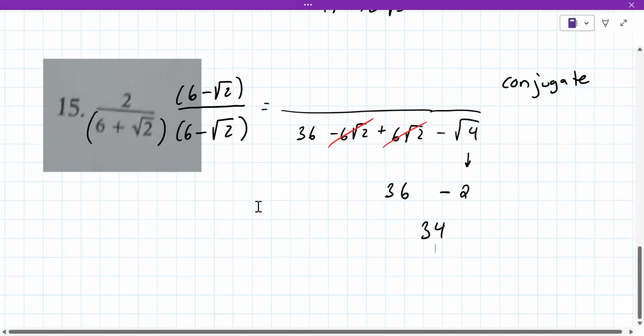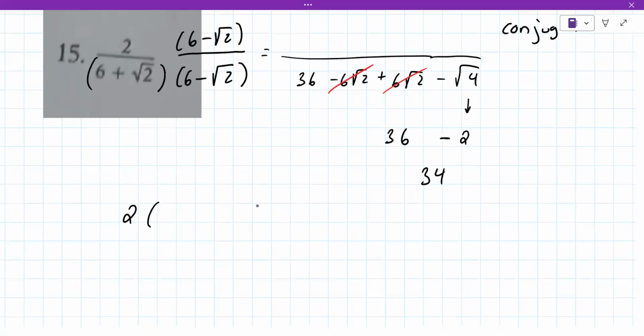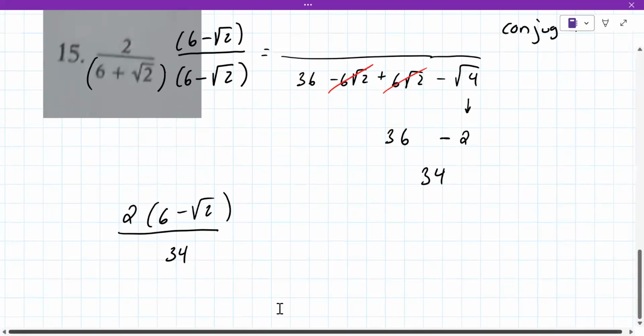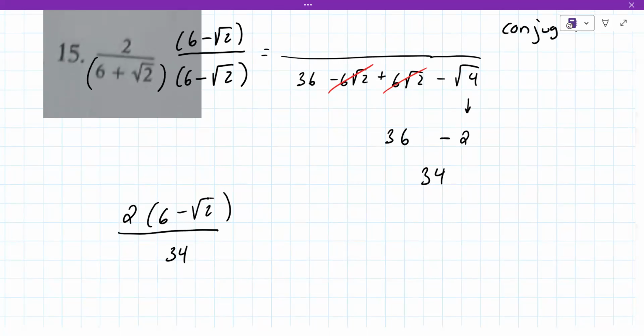Okay, so here's where we are. And we've got 2 on the top times 6 minus the square root of 2 over 34, like that. Okay. Is that clear so far? All right. On the top, we're going to multiply in. So 2 times 6, 2 times minus square root of 2.